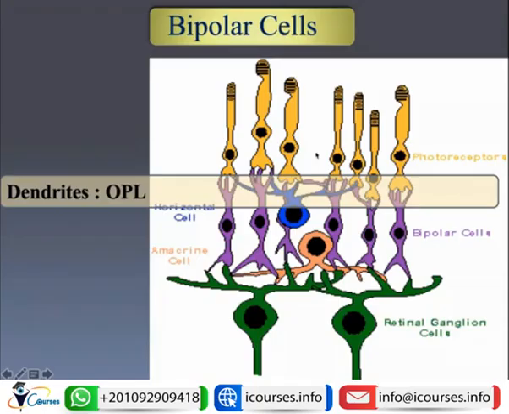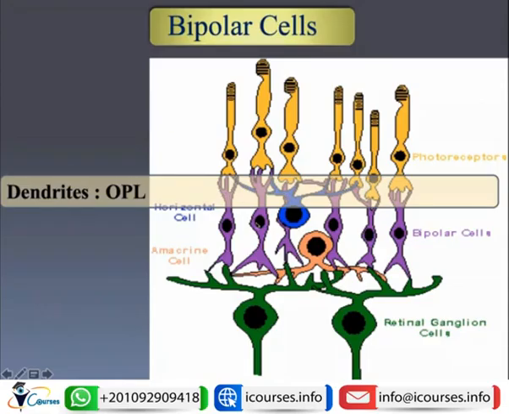The nuclei form the outer nuclear layer, and their rod spherule and cone pedicle will synapse with other cells. These cells have their nuclei in the inner nuclear layer, which are the bipolar cells, horizontal cells, and the Müller cells.